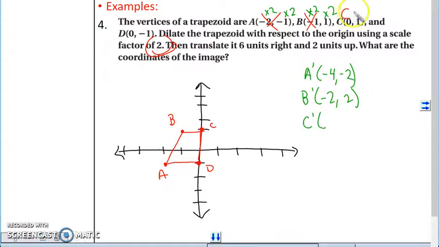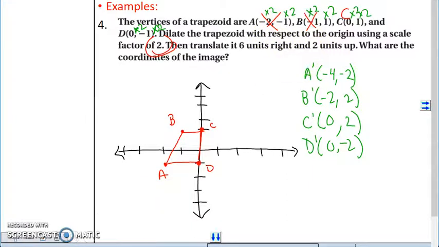C's image, 0 times 2 is 0. Rewind. 0 times 2, 0, 1 times 2, 2. D, 0 times 2, 0. Negative 1 times 2, negative 2. All right, so we dilated, then translated 6 units right and 2 units up.